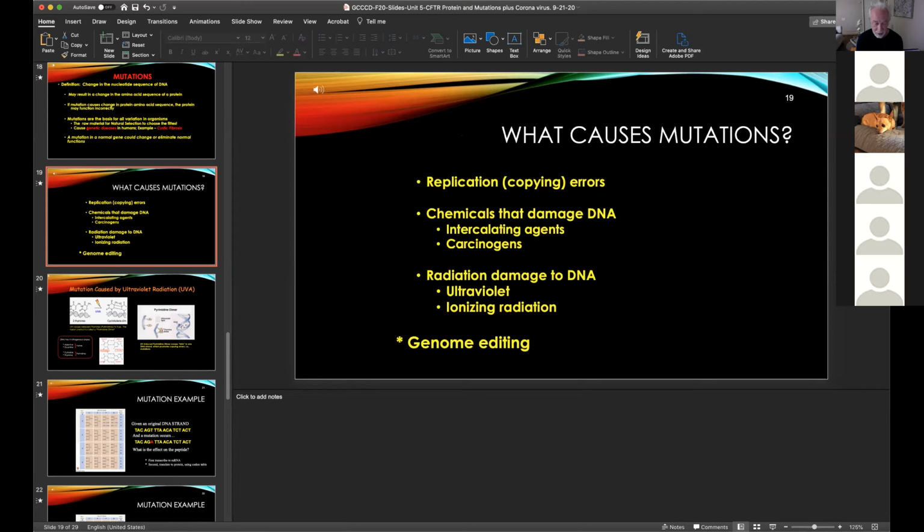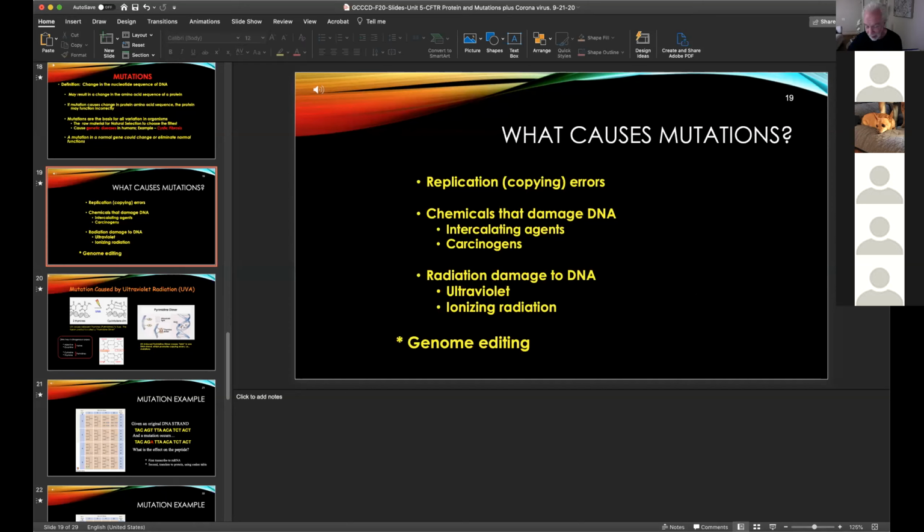For example, carcinogens. Cancer also is a genetic disease. And chemicals that cause cancer usually also damage DNA. Radiation, go out in the sunlight, can damage DNA, cause mutations.